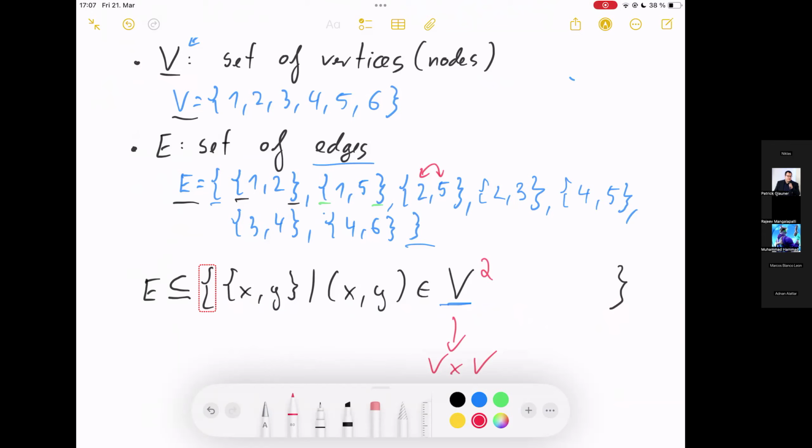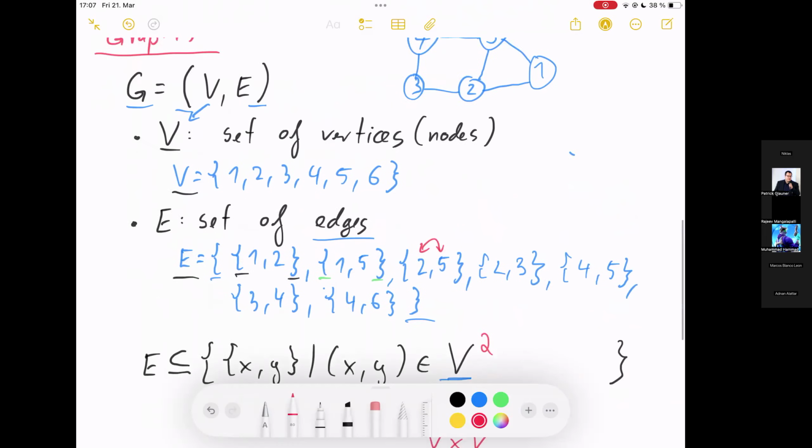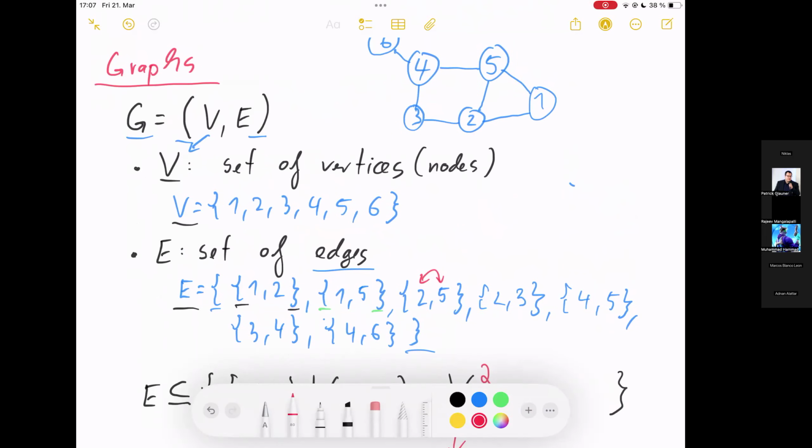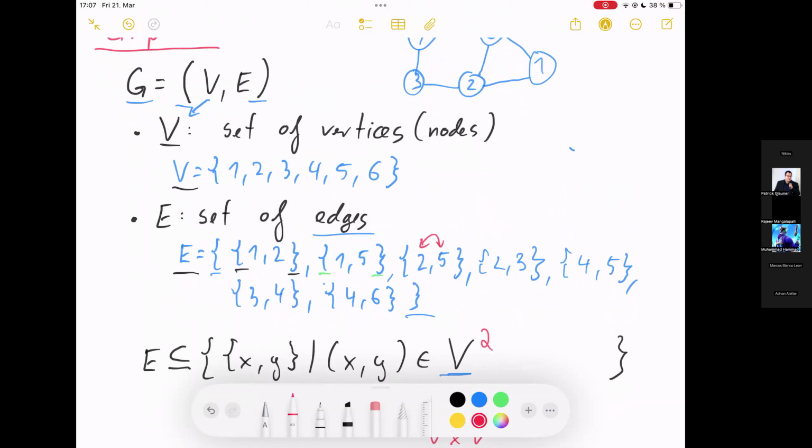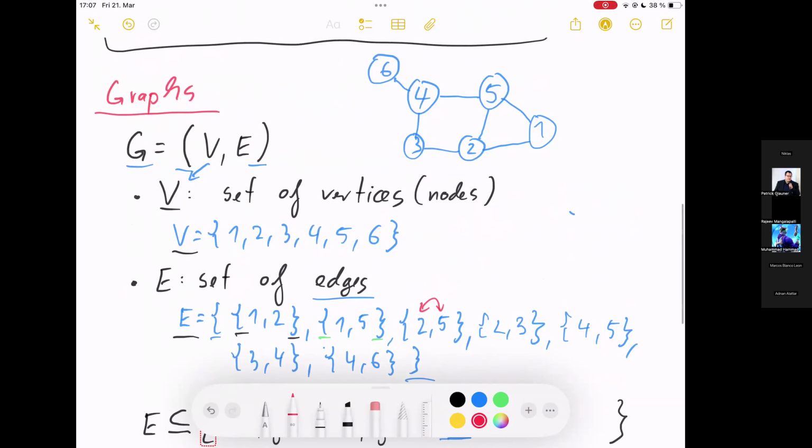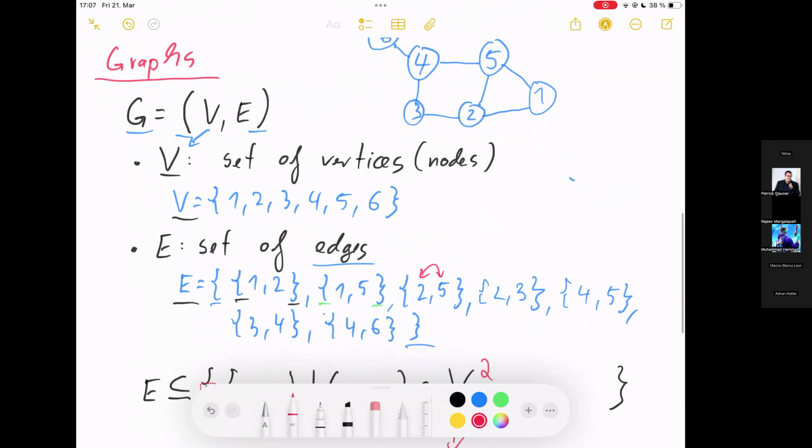And we've seen the Cartesian product before, and the Cartesian product will return us all the combinations of V with itself. So 1,1, 1,2, 2,1, 3,4, 4,3, 6,6, whatever. So that all of them are interconnected.